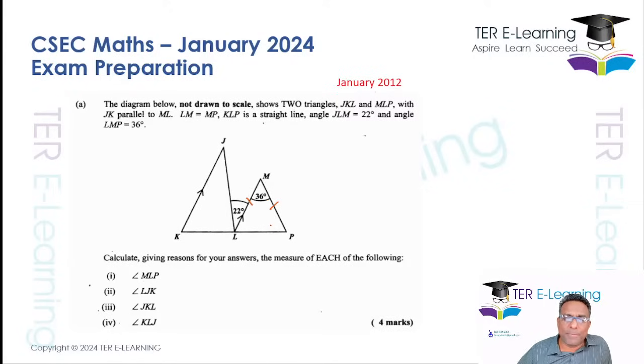So therefore, let me ask a question. What kind of triangle is MLP?